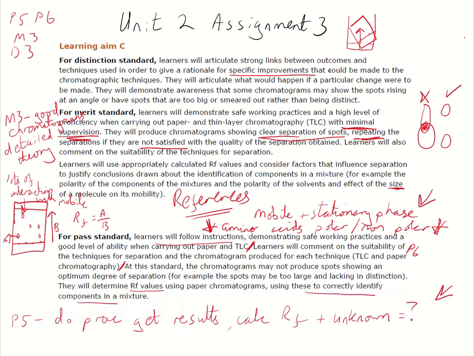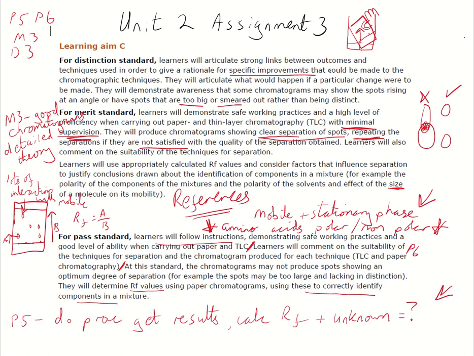It could be a case of where you've got a big ugly smear on where your thumb has been when you've been holding the paper, in which case that's obviously going to make it very difficult to see spots that are across this side.